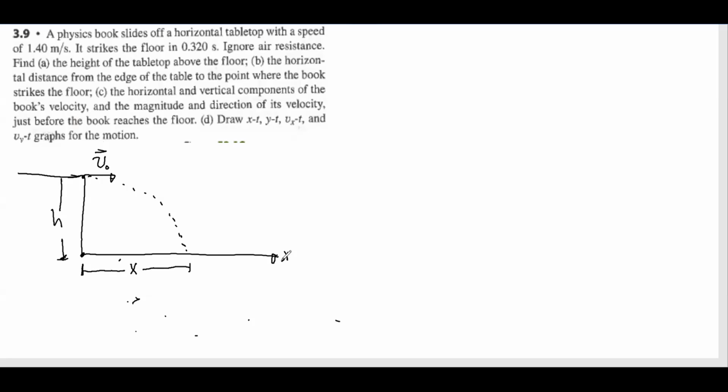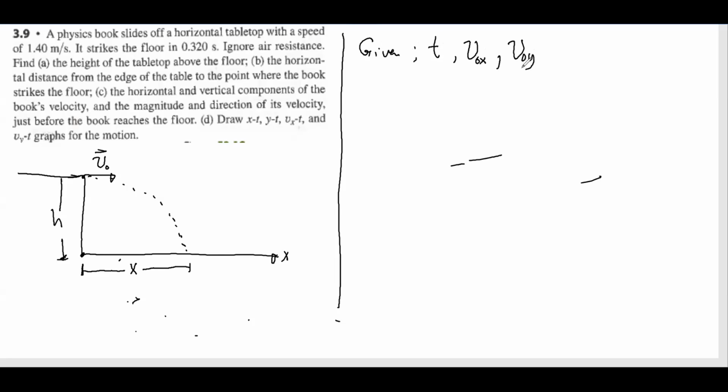Right. And so, what do we have? Given the time, the initial velocity in the x direction, it comes off the table horizontally, so the initial velocity in the x direction is just the velocity that they give, and that tells us that the initial velocity in the y direction is 0.